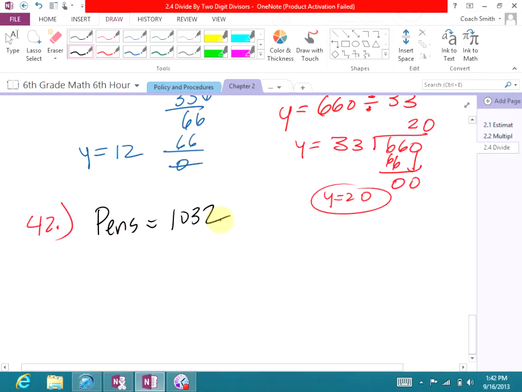Now, she wants them divided up into 12s, or 1 dozen. So how am I going to figure out how many dozens I have in that 1,032? You're going to divide.